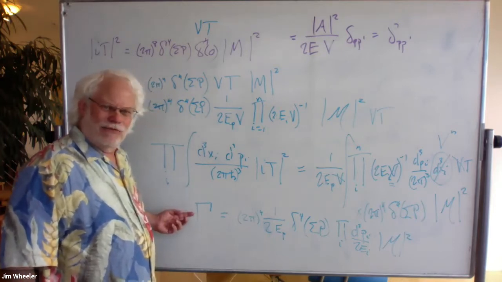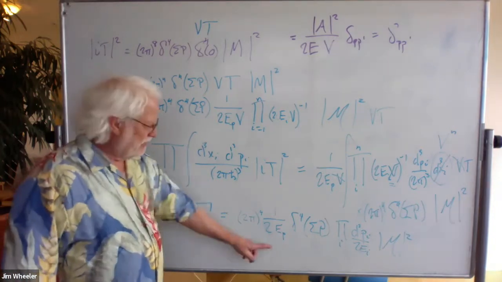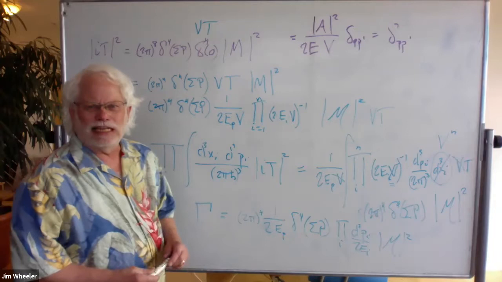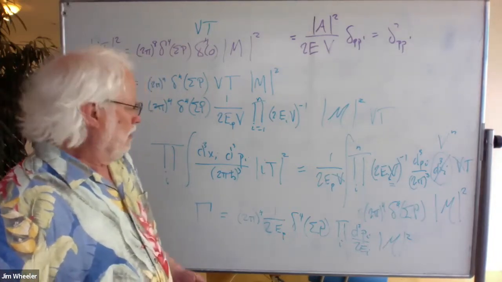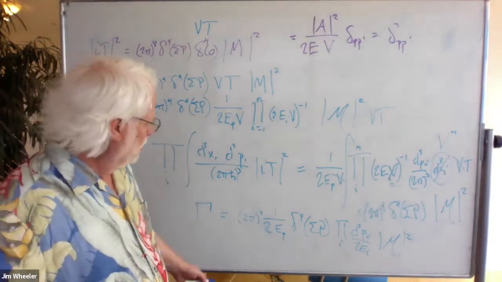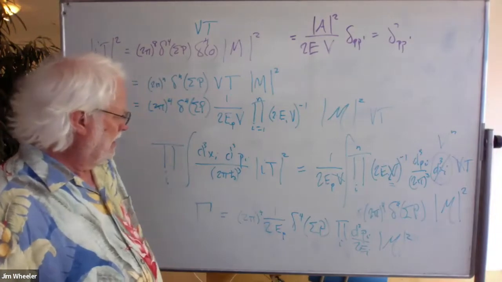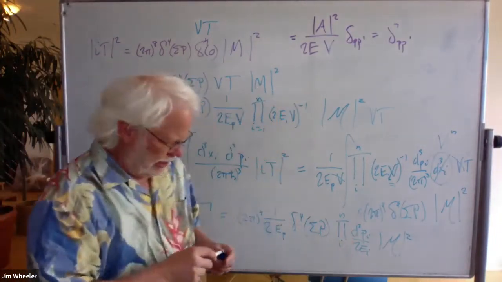And this is exactly what it takes to bring in the time dilation in your rate. Okay, the rate is the number of decays per unit time. And so you need that time dilation factor, and it exactly comes from that energy. So this all works out as a relativistic rate of decay of a particle of energy E_p into n particles of various energies.